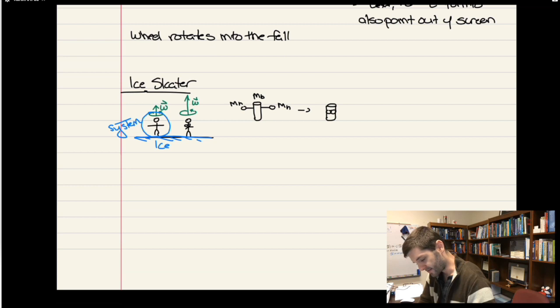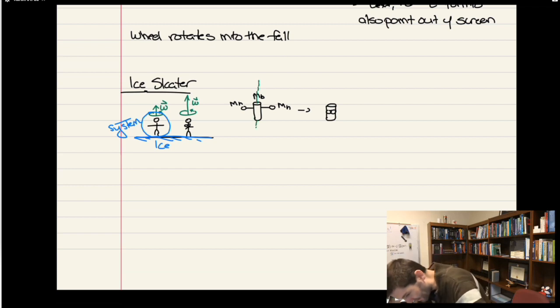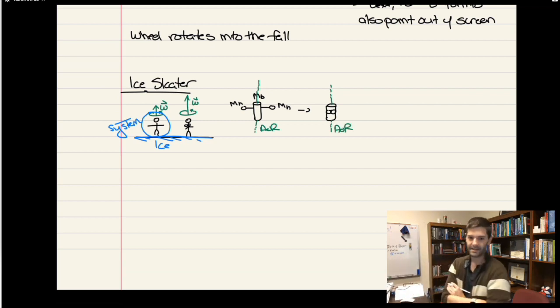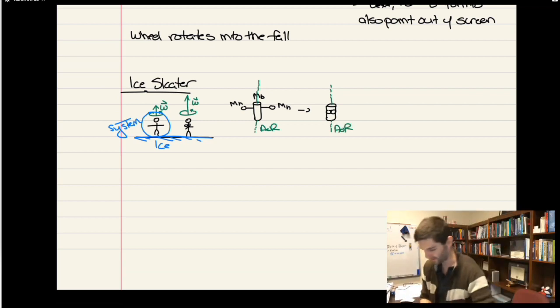The way to think of this is instead of the ice skater being a person, I'll think of it as a cylindrical rod with maybe a baton, so you have the mass of the body, then you have maybe mass of hand, which I will treat as a cylinder and two balls.